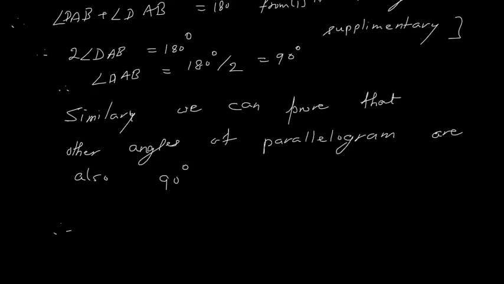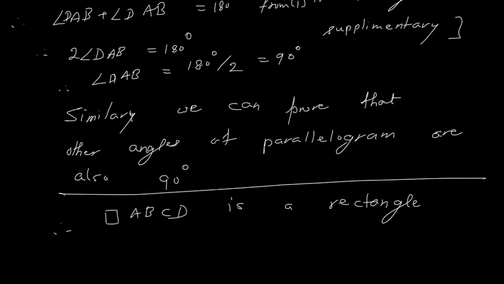Therefore quadrilateral ABCD is a rectangle. So quadrilateral ABCD is a rectangle.